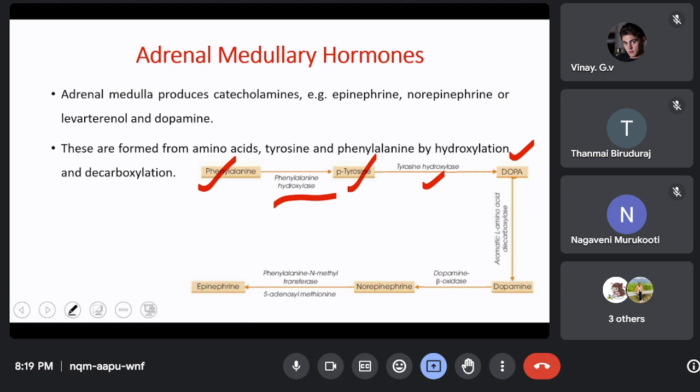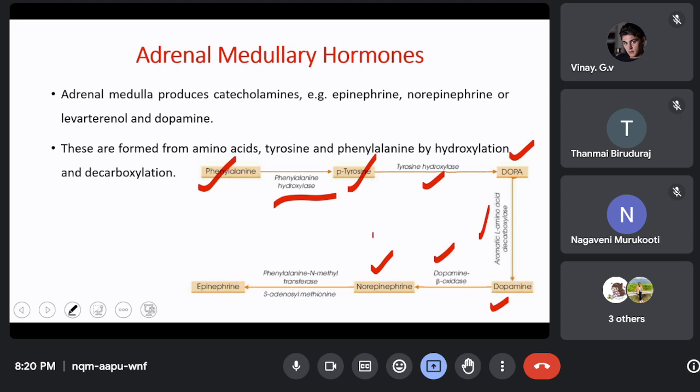And it gets decarboxylated, that means removal of carbon dioxide, under the enzymatic action of aromatic L-amino acid decarboxylase, so that it is converted to dopamine. And dopamine, catalyzed by the enzyme dopamine beta oxidase, is converted to norepinephrine.